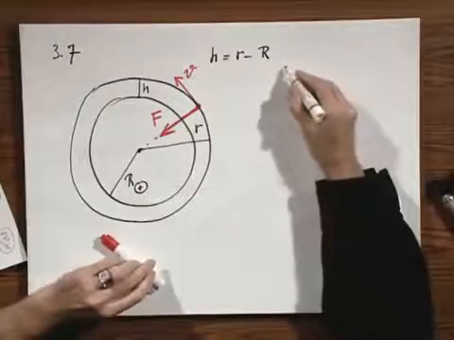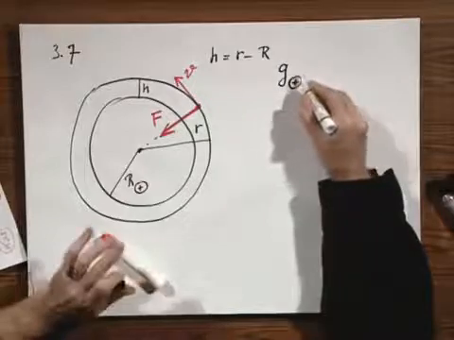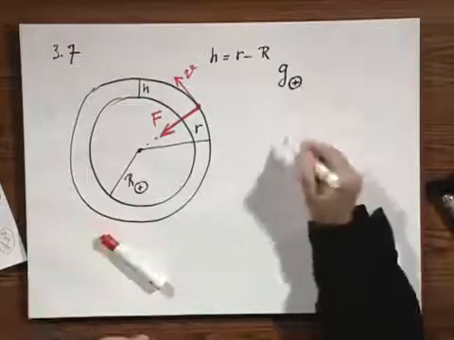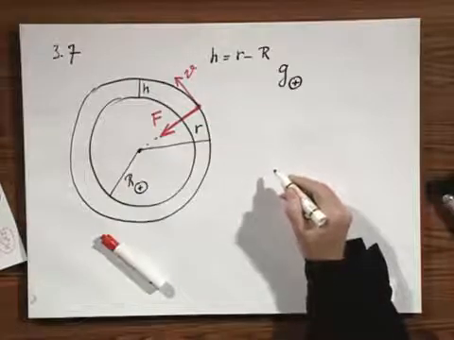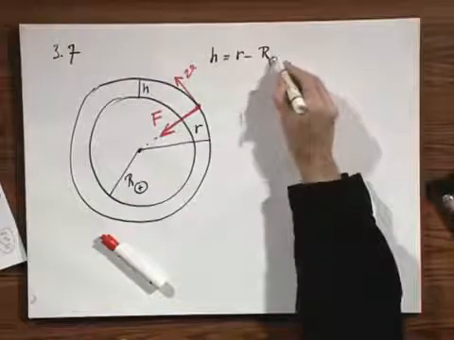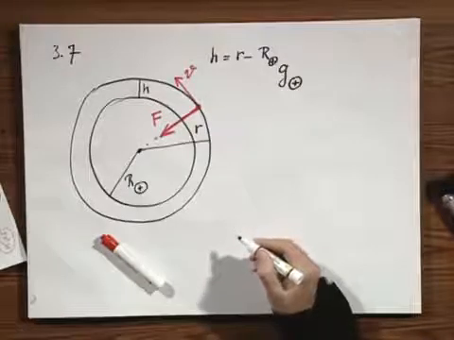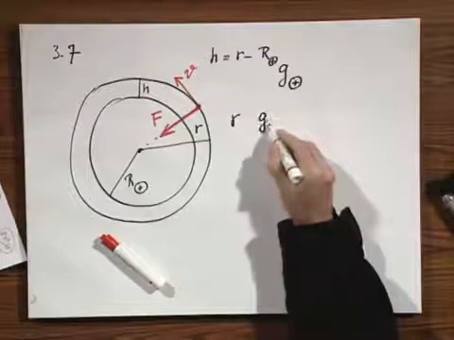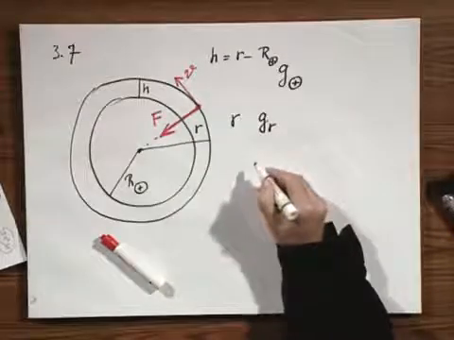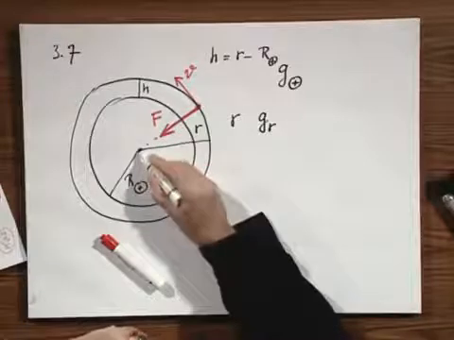Let us call the gravitational acceleration at the surface of the Earth g with this symbol for the Earth, so that there's never any confusion what I have in mind. Oh, I should have put this symbol here too. Well, at location r, the gravitational acceleration is less because I'm farther away from the center of the Earth.